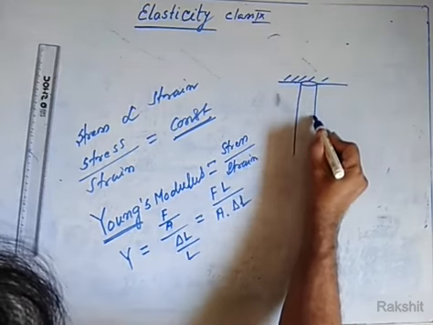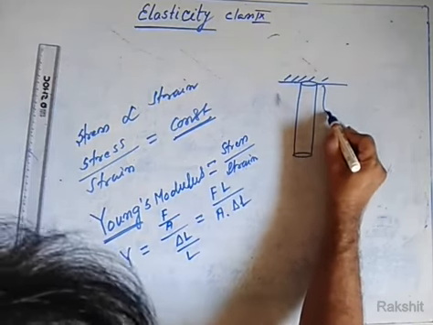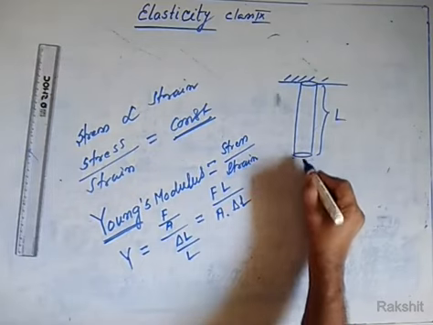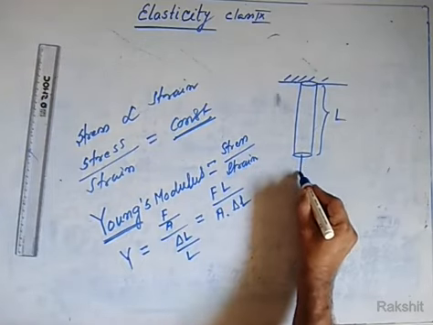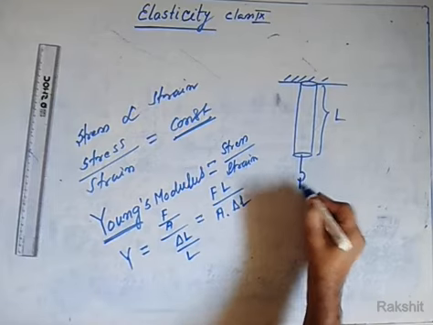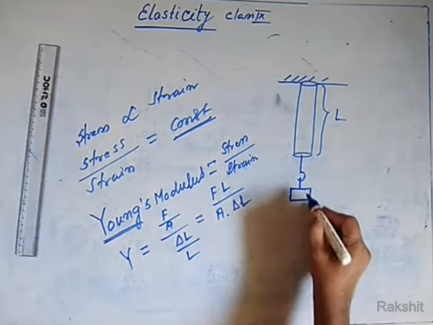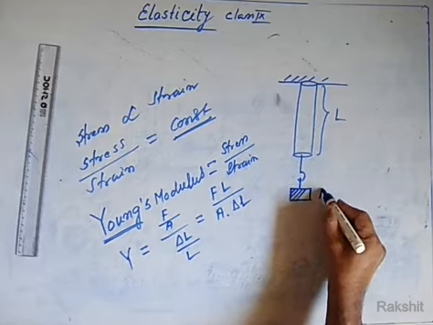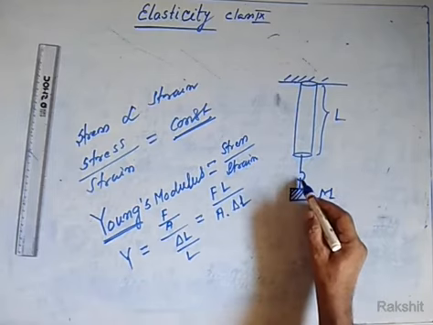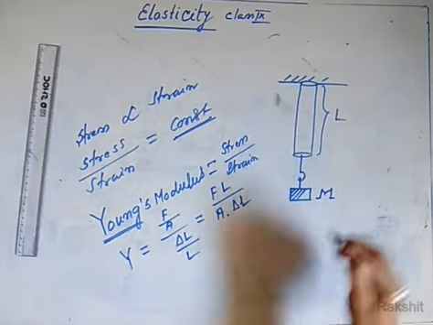The original length of the tube is equal to capital L, and there is a hook like this, and from this hook a load, a mass M, is attached here to produce an elongation.